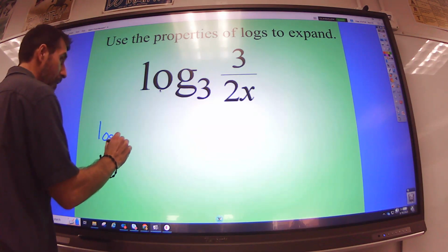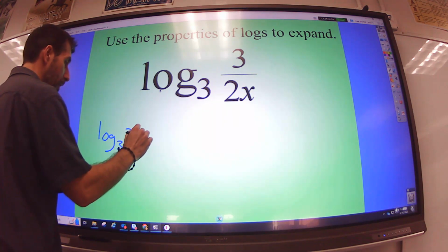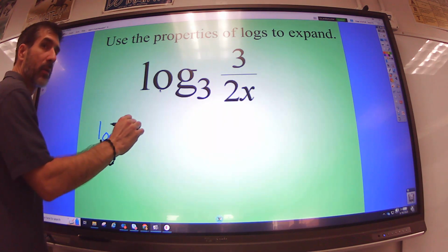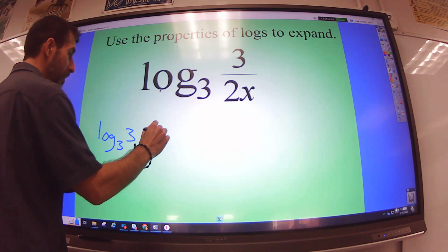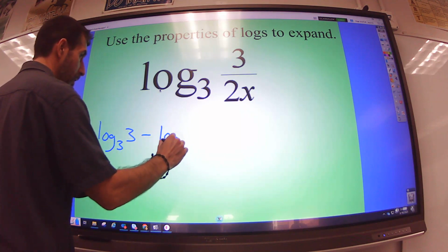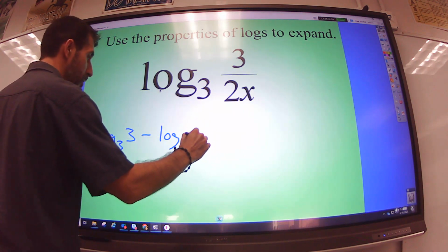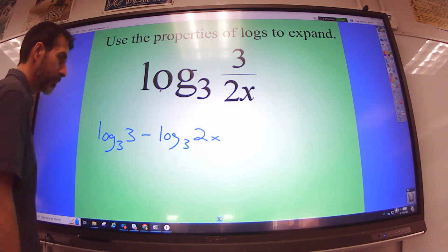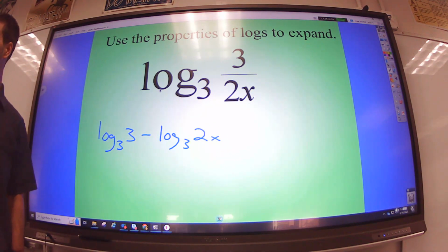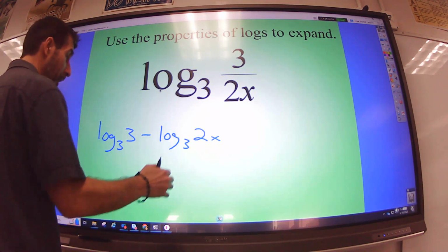But wait. Sorry. Let me try that again. But wait, there's more. This is multiplication. Think, think. Log base 3 of 3 minus log base 3 of 2 plus what?